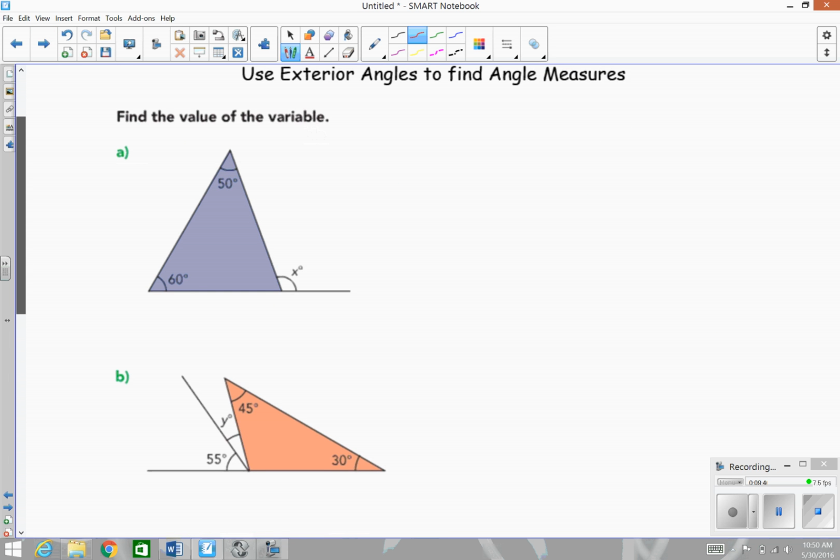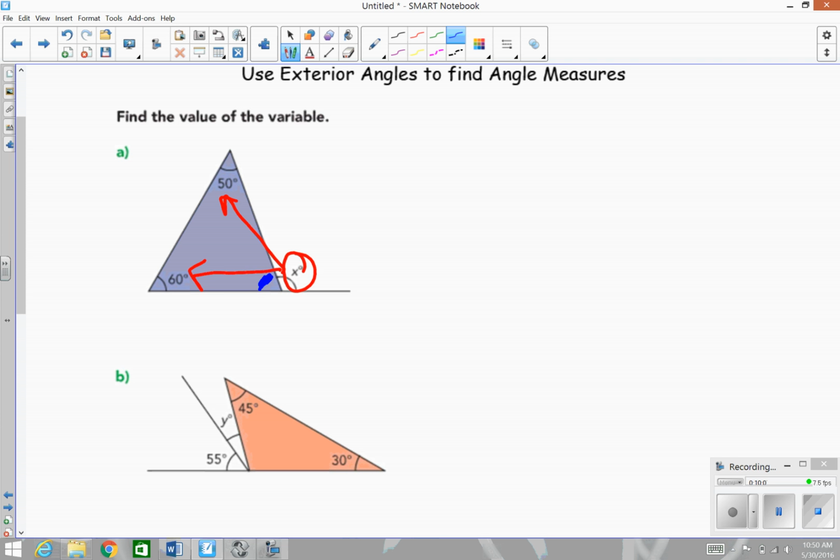Okay, so we're solving for the variable. We want to find the value of x. Because x is an exterior angle, we can say that this angle x is equal to the two opposite interior angles added up. And what I mean by opposite is the two angles that are not right next to it.